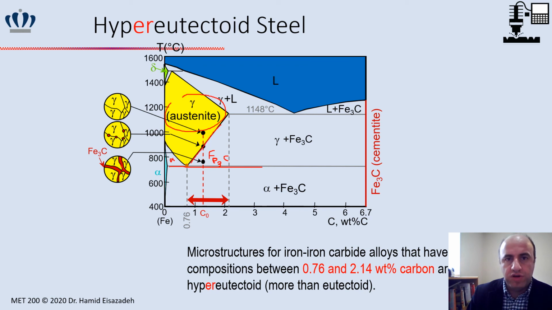The red region is cementite. Then as the cooling progresses, the remaining gamma transforms to pearlite with this pearlite arrangement.